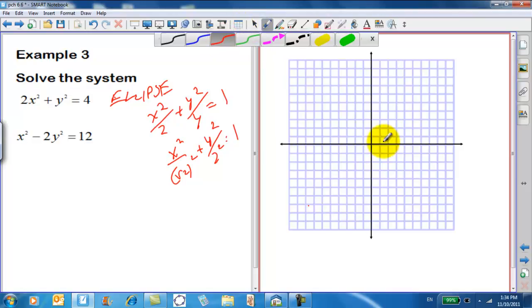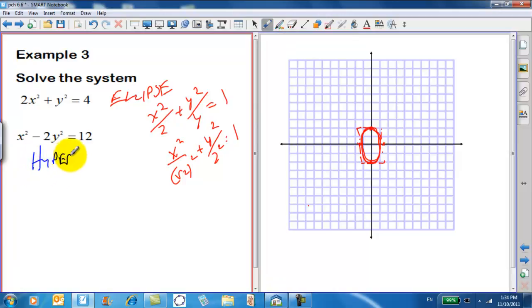And that gives us basically the endpoints of the minor axis. We can go 2 each way in the y direction, giving us the vertices. Here's the box of extent, and the whole ellipse must stay inside that box of extent. There we go. Now, we might end up having to increase the size on this for more accuracy, but let's see what happens with the hyperbola here.